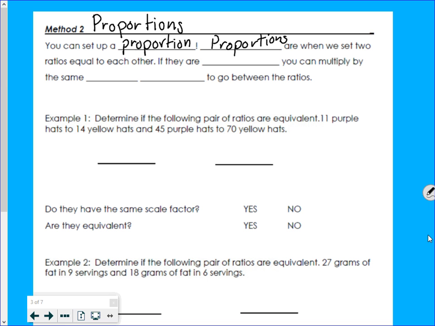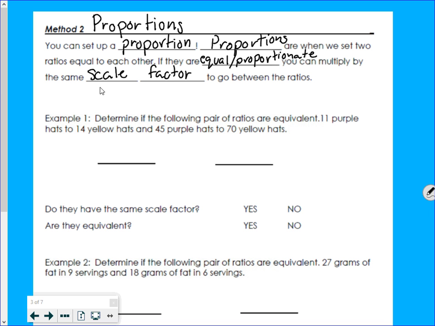If they are equal or proportionate, you can multiply by the same scale factor to go in between the ratios, or to go between the ratios.